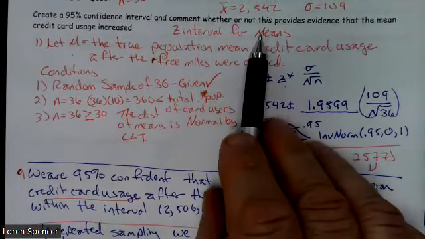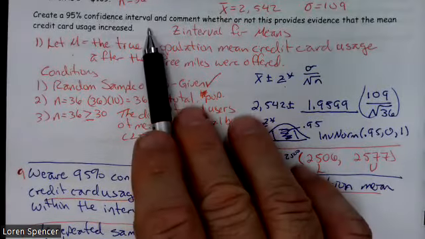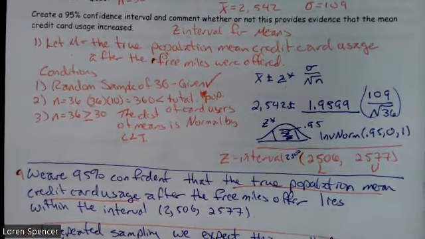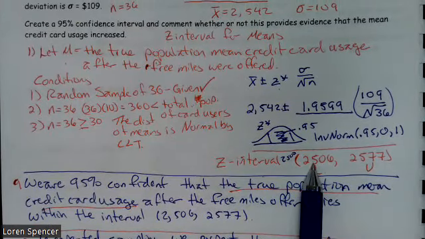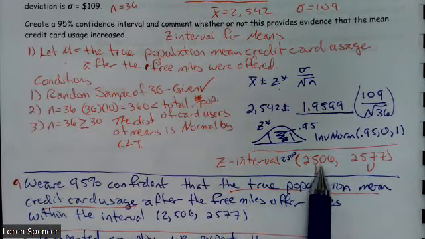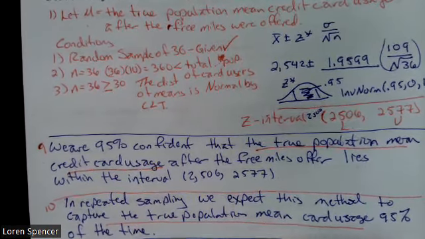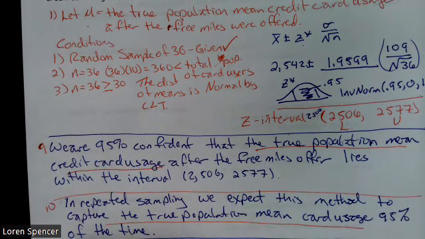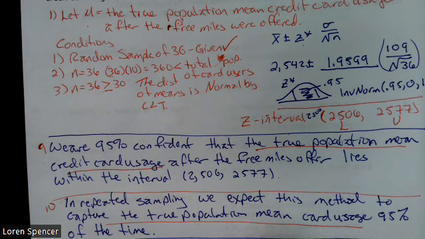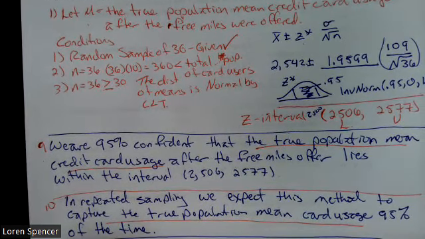Okay, and now we need to discuss whether or not this provides evidence the mean card usage increased. Well, here's what we know. Our interval is 2506. That's above the 2,500. So there is evidence to suggest card usage increased.